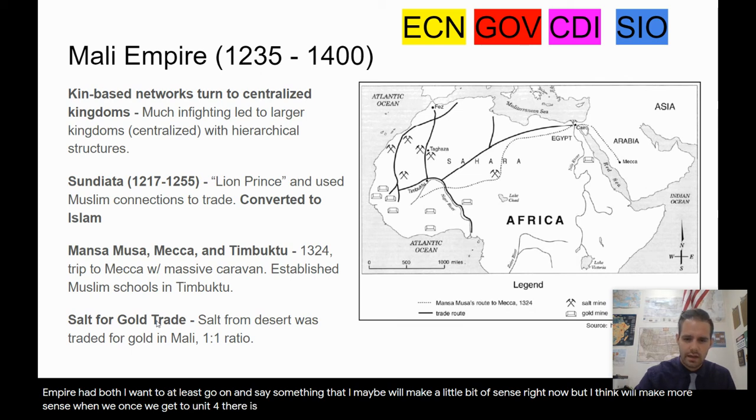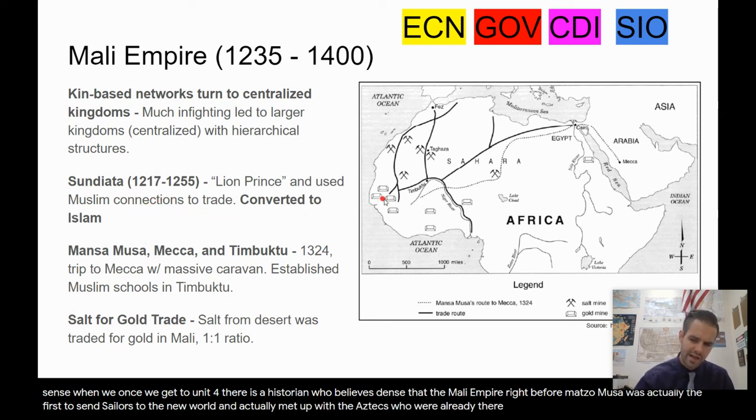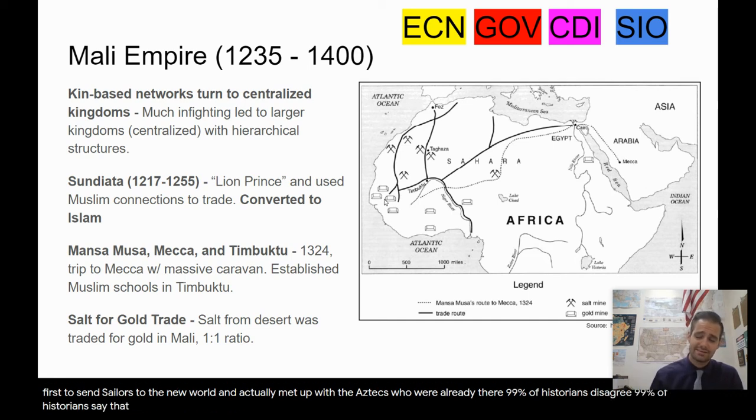There is a historian who believes, and believes he has evidence, that the Mali Empire, right before Mansa Musa, was actually the first to send sailors to the New World and actually met up with the Aztecs who were already there. 99% of historians disagree. 99% of historians say that is not true, or there's at least not enough evidence for us to accurately say it is true. But I do want to bring this up here.